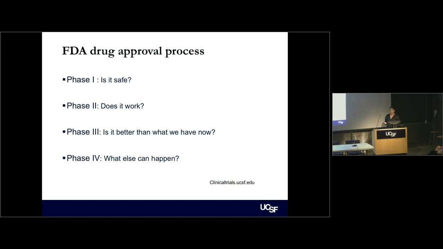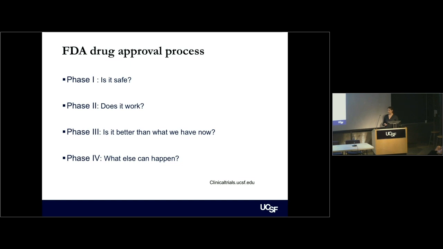If we determine that it's safe, we can move into phase 2, which is, does it work? So we're looking for efficacy here. This is a slightly larger population where all of the participants on trial get the new therapeutic. And then once we can determine that it's both safe and effective, we'll move into phase 3, where we're asking, is it better than what we already have in the clinic?